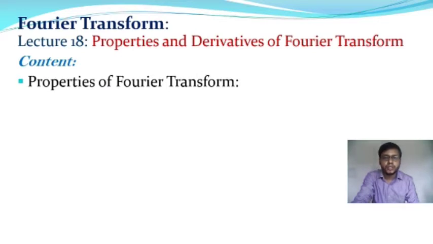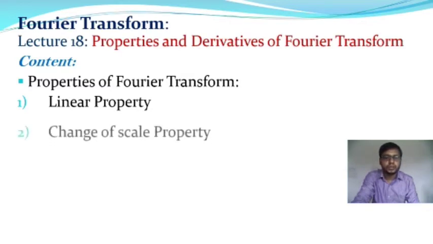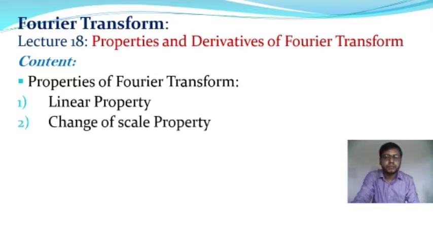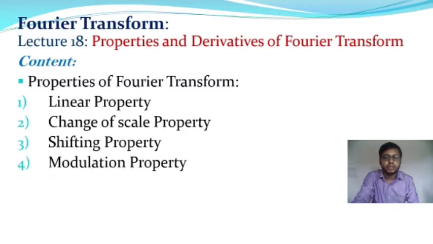Today we are going to discuss the properties of Fourier transformation. First we will talk about the linear property of Fourier transformation. Then we will study the change of scale property. After that we will talk about the shifting property, then the modulation property.